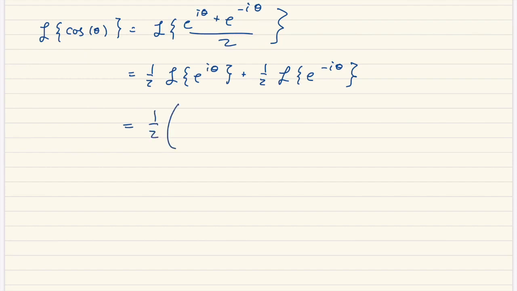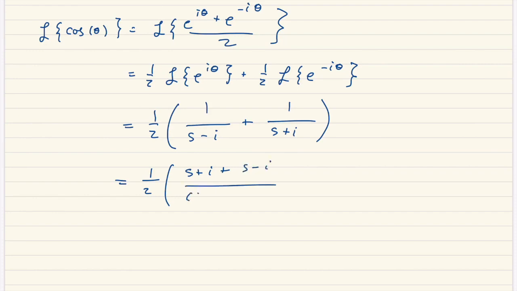The Laplace transform of e to the i theta, we know how to deal with exponential functions. The Laplace transform there is going to be 1 over s minus i. And likewise over here, it's going to be 1 over s plus i. And when we combine these, we're going to end up with s plus i plus s minus i over that product, s minus i times s plus i.